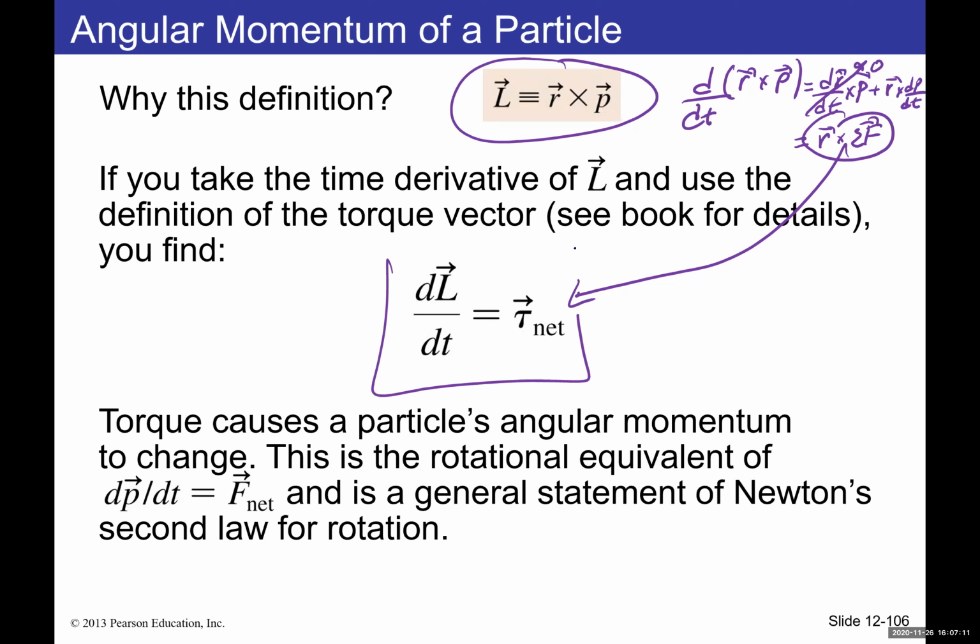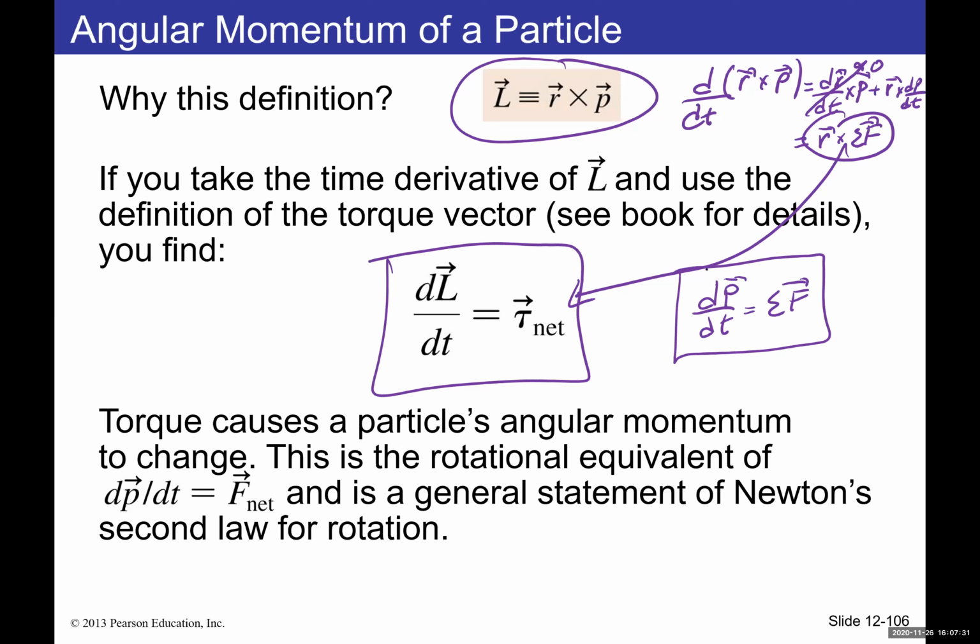This is very similar to the equation where the derivative of the linear momentum with respect to time was equal to the net force. So these are equivalent equations: a change in momentum requires some kind of force, and a change in angular momentum requires some kind of torque.